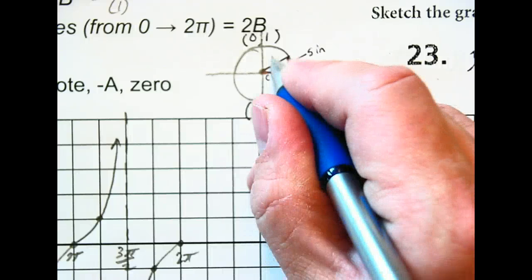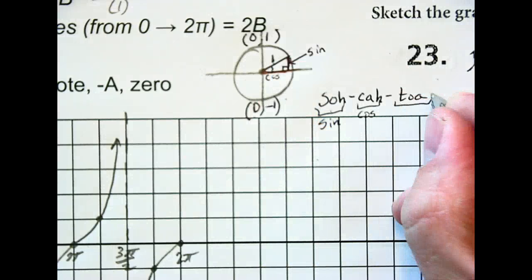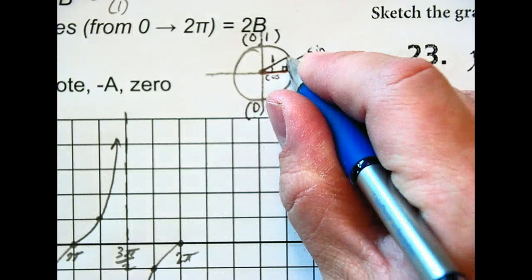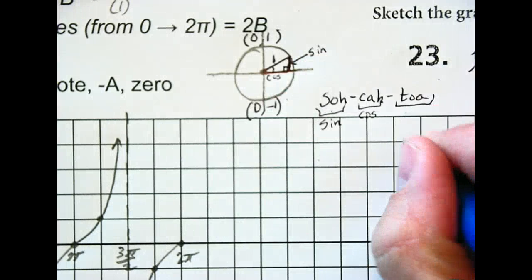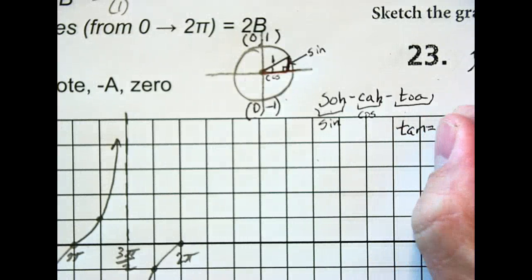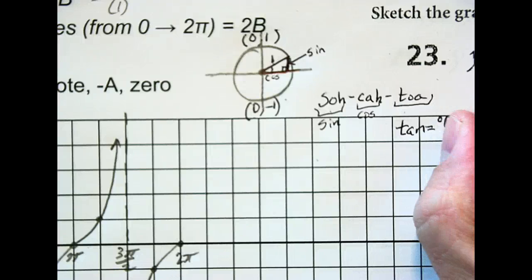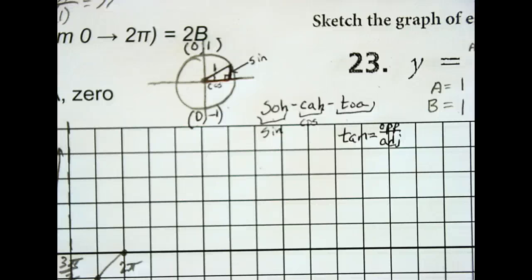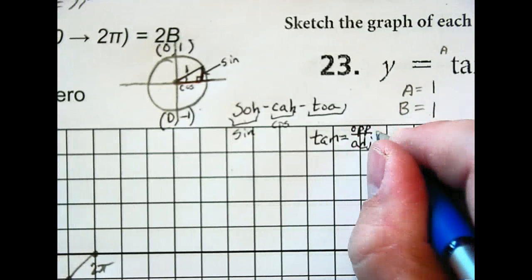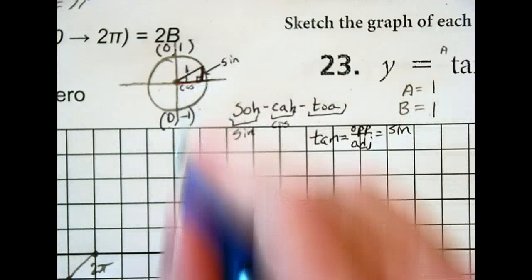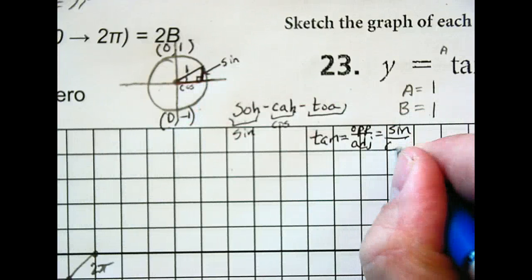So it's adjacent. What is tangent? Opposite, which we are calling sine. So just so we're clear here, tan is equal to opposite over adjacent, which is the same thing as sine, the opposite, over cosine.